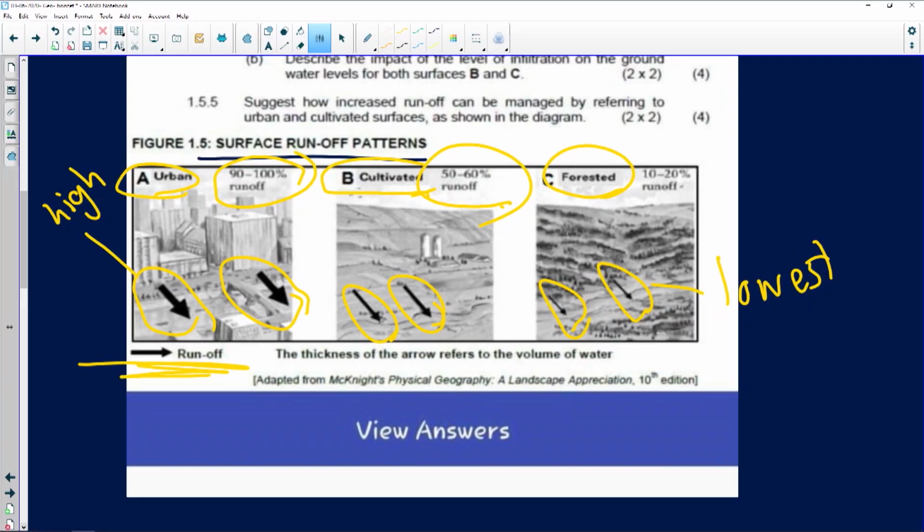Okay. In contrast, if you go to area C, you can see it's a forested area. It means there's a lot of plants, a lot of vegetation, such as trees. Now, what does vegetation do when they receive precipitation? What do they do with the water? They absorb it. So what's vegetation going to do?